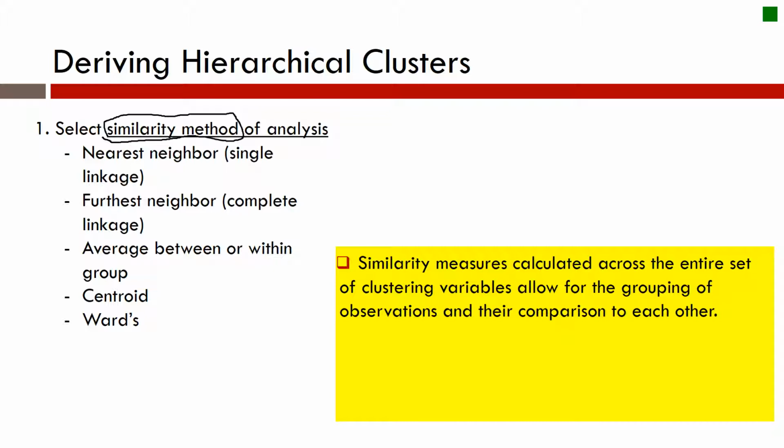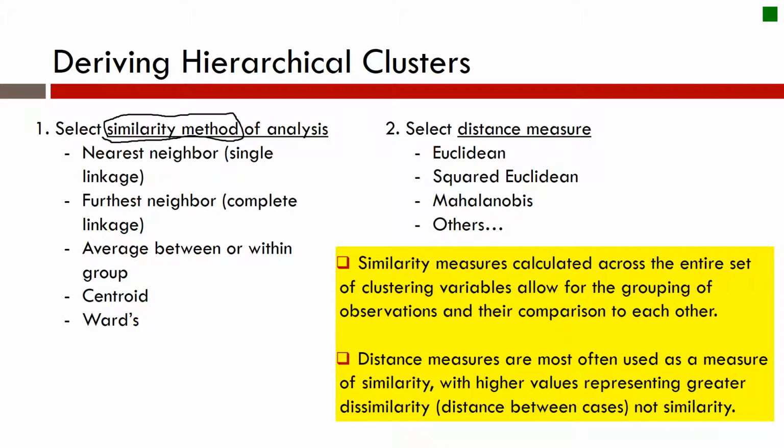The second thing that we think about is the distance, the way the distances are measured. If we have two observations that are near each other and we choose them first, that's the nearest neighbor, also called single linkage. But the other question is, how do we calculate distance?